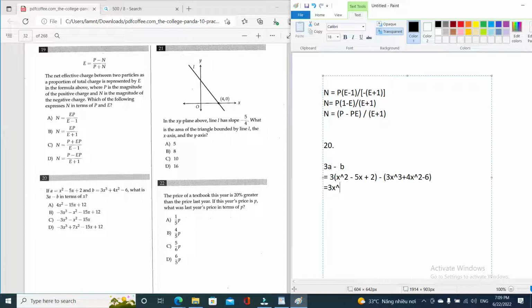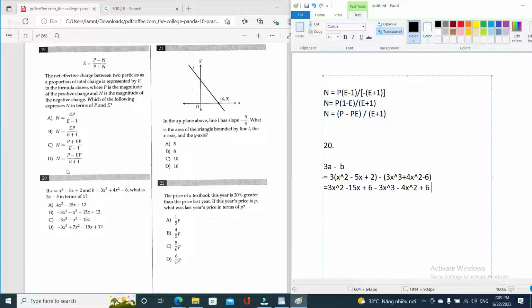So that is equal to 3x squared minus 15x plus 6, minus 3x cubed, minus 4x squared, and plus 6.